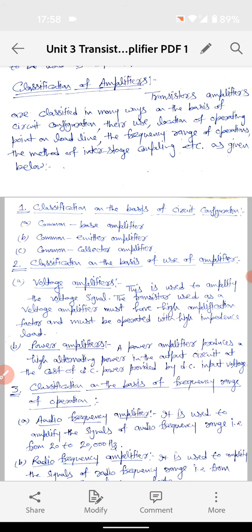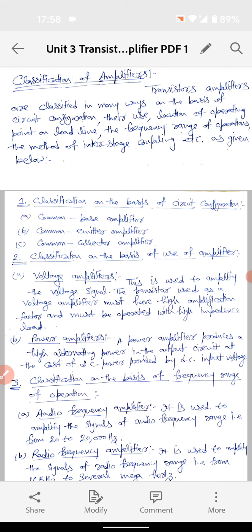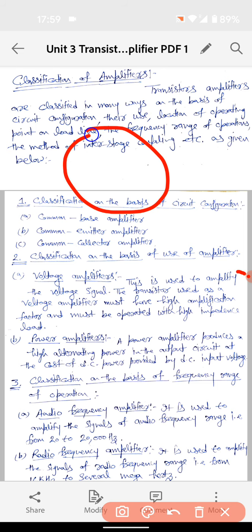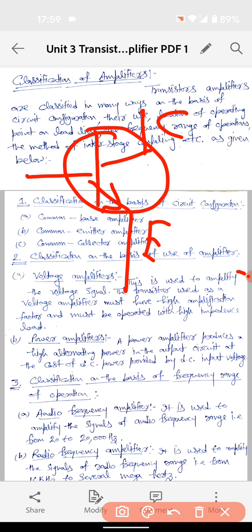The first classification is based on circuit configuration. There are three circuit configurations which we have already discussed in our unit number 2. One is common base amplifier, another is common emitter, and the third is common collector amplifier, based on which terminal of the transistor is made common. We all know in a transistor there are three terminals. See, this is our transistor, an NPN transistor, with emitter, collector, and base.